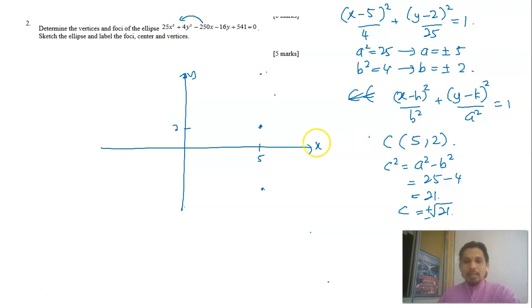And then b equal to 2, so 2 units to the left, 5, 4, 3, and then 5, 6, 7 here. So you just sketch it. Hopefully you can get it nicely.